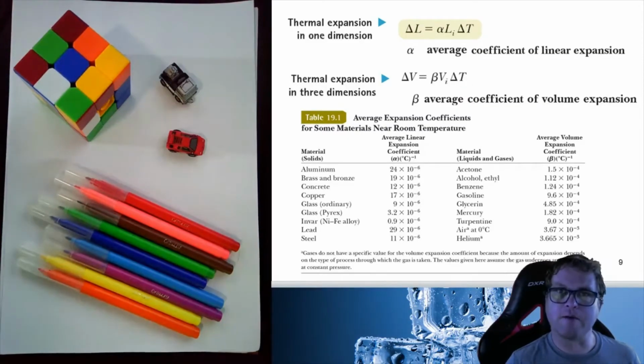Here are some examples of the two coefficients alpha and beta for different materials. We can see we have aluminium, brass, bronze, so forth, steel. Here we have the average linear coefficient. This is alpha, and note the units of this. This is given in per degree Celsius, and here we have the coefficient beta, the volume expansion, as listed.